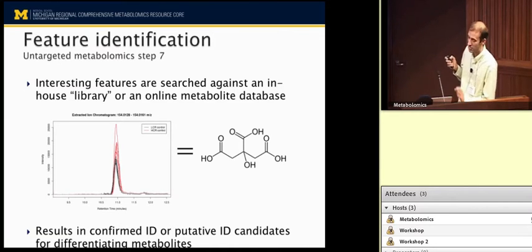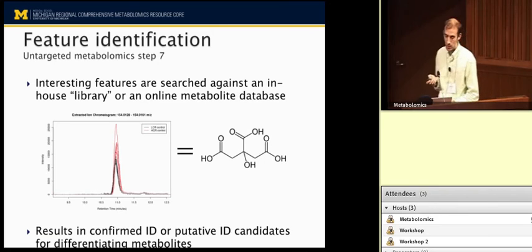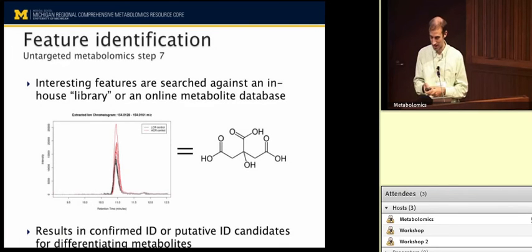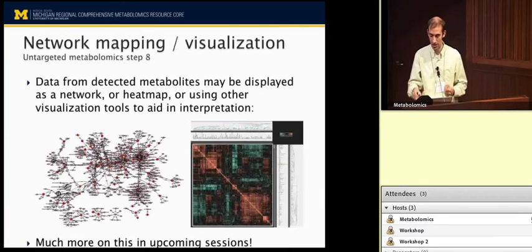And these are very educated guesses. We can usually refine that list down fairly well. Sometimes there's many possibilities. And so this results in a list, either a confirmed ID in some cases, or a putative ID, a list of candidate metabolites that differentiate one group from another in your sample set. And so what are you going to do with that? Well, we'll talk more about that in a little bit.